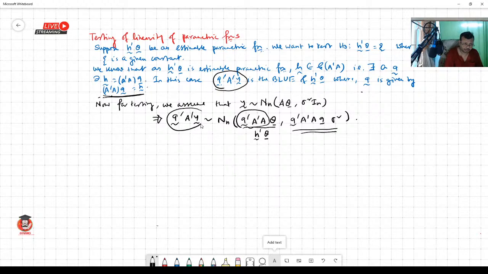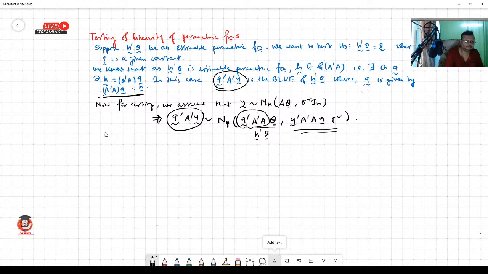Because this is a scalar, q curl prime A prime y curl is a univariate normal with mean h curl prime theta curl and variance sigma square q curl prime A prime A q curl.